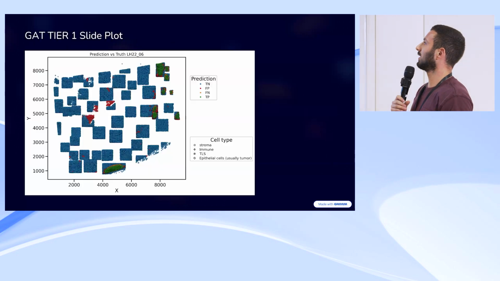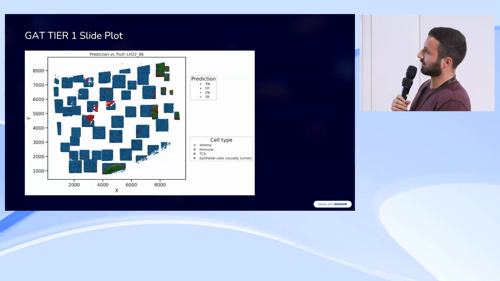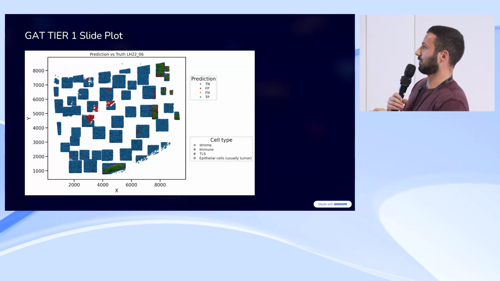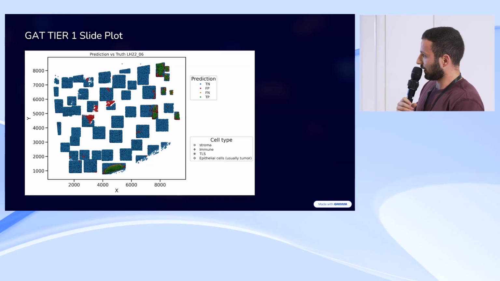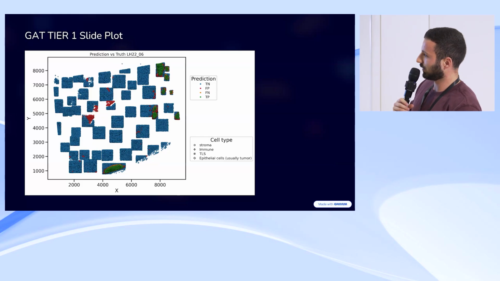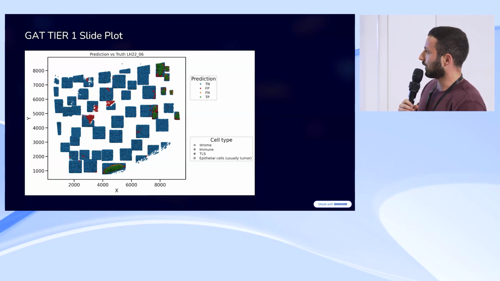So let's see it. This is GAT. GAT is graph attention network. It's one of our GNNs. And we can see that we have clusters of false positives, islands of false positives. False positive is in red, and true positive are in green. We can see that we have the majority in neighboring cells, like we expect from GNN models.